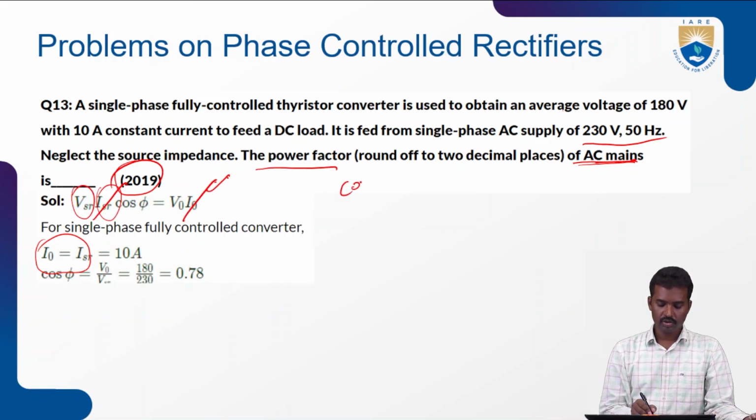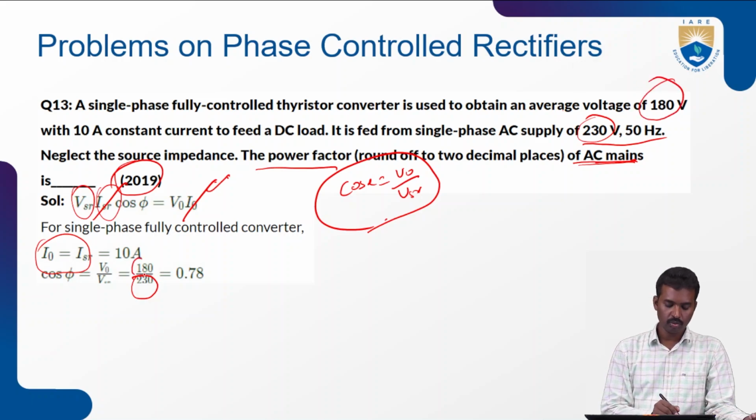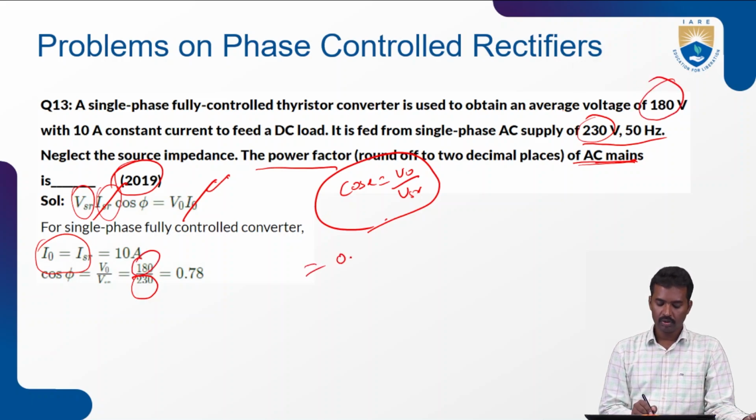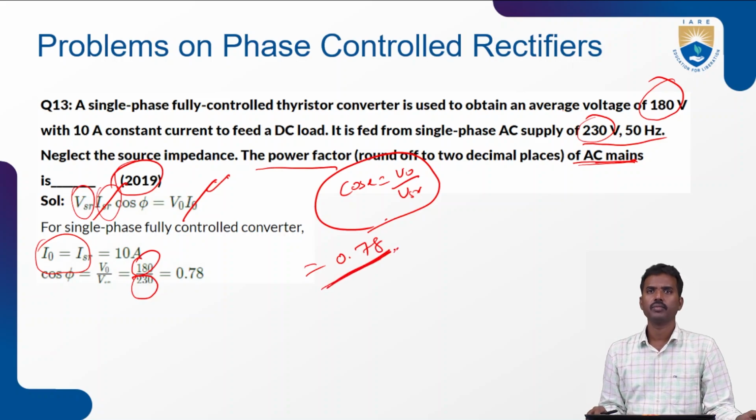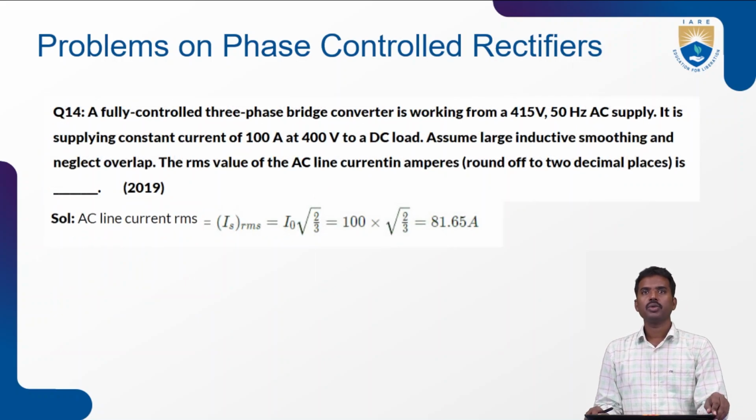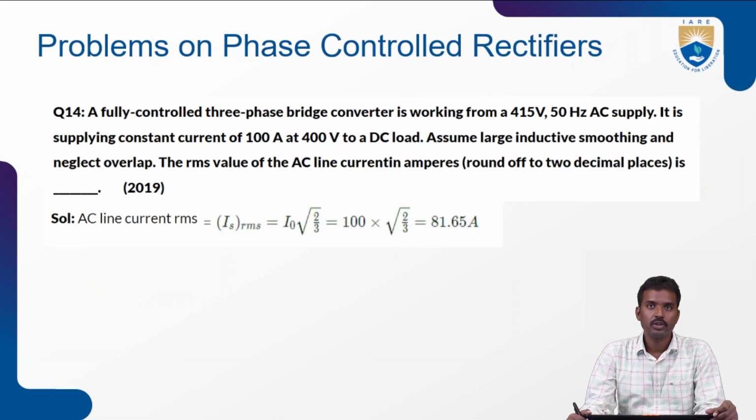So now cos phi equals V naught by V source RMS. The source RMS voltage is 230, and the average output voltage is 180, so that equals 0.78. So this is a very simple question.